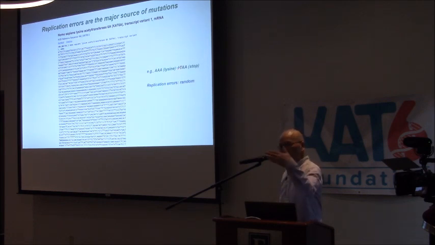This is like when we have a text, language, we copy from, let's say, English from one to another. We make mistakes in the cell. The genetic information needs to be copied. And during that copy process, there is something called replication errors. So that is the main source of mutation. And this is random.